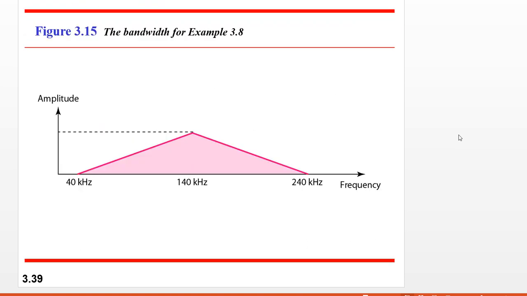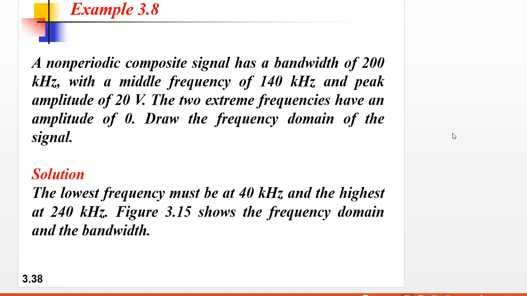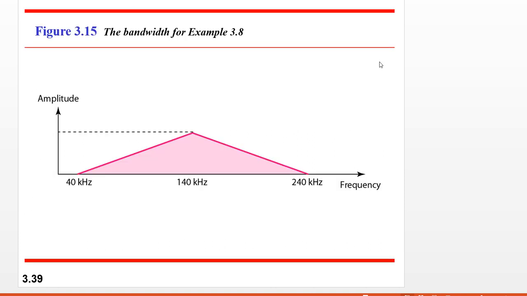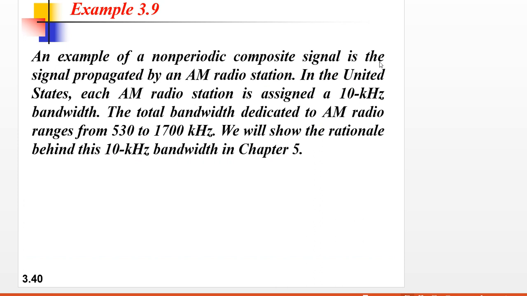We get the lowest frequency and the highest frequency: 40 is the lowest frequency, 240 is the highest frequency. If you subtract 40 from 240, you will get 200, right? 200 is the bandwidth which is given. So the middle frequency is 140. This is how you can analyze the bandwidth for a non-periodic signal.